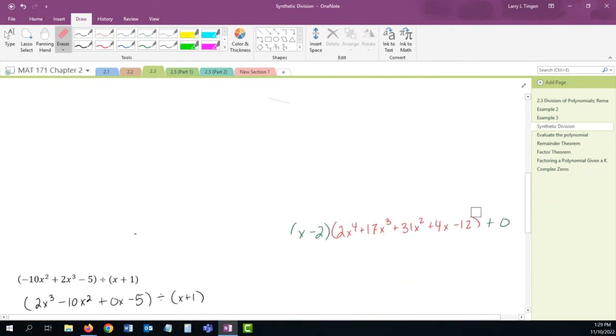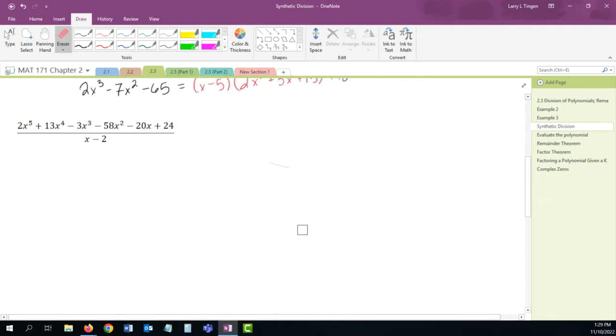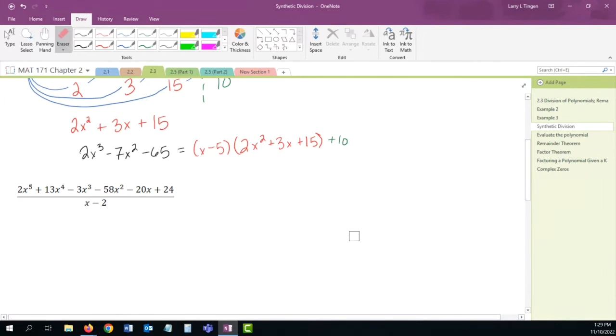If I am dividing a polynomial by a binomial that has a leading coefficient of 1 and a power of 1, so it's pretty much got to be x, or whatever the variable is, plus or minus some number, I get to use synthetic division. All right, synthetic division does long division, but it does it efficiently.